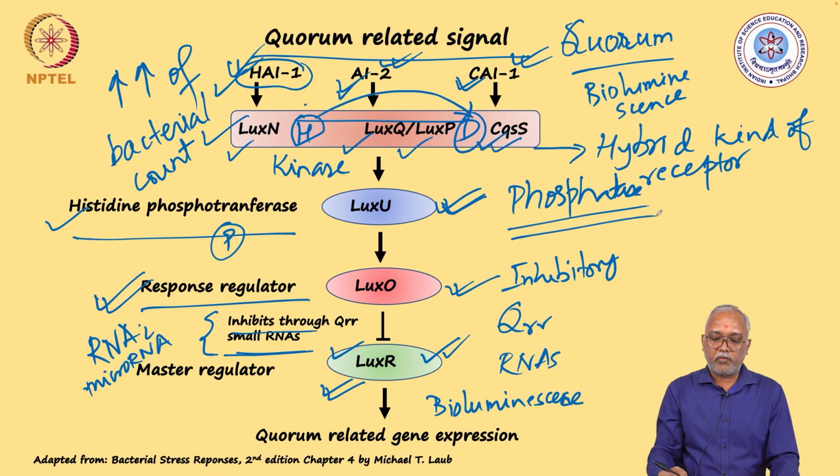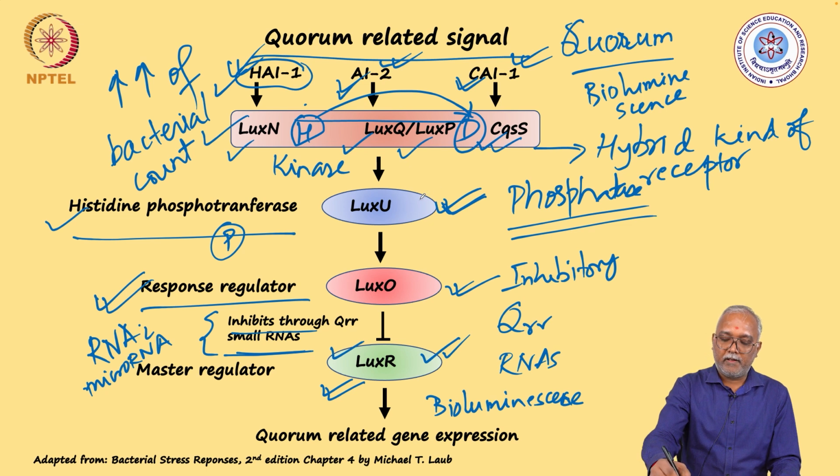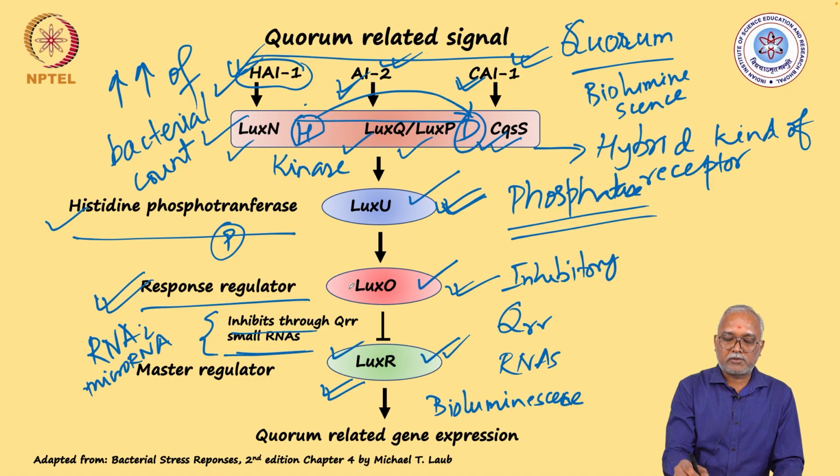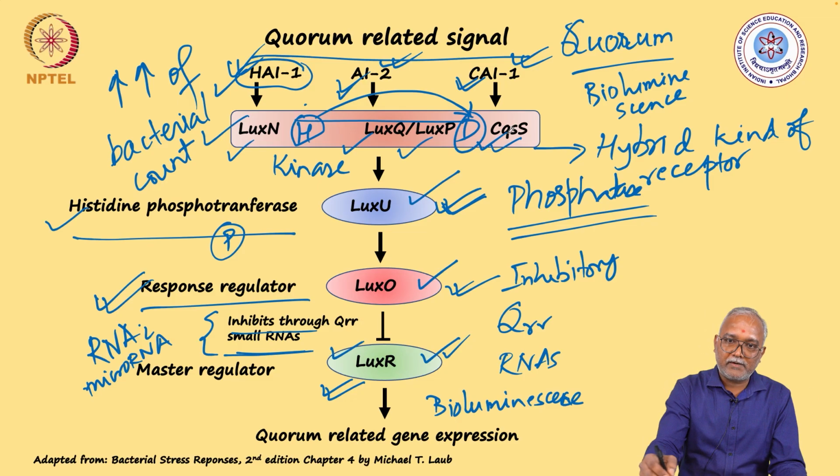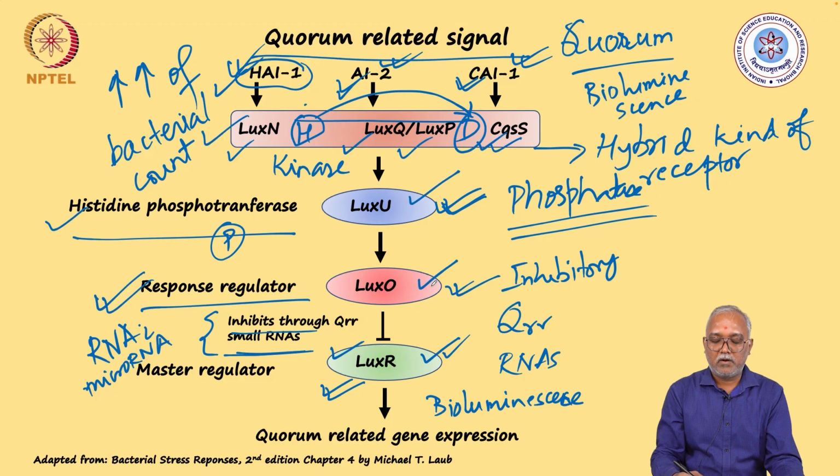What this phosphatase mode does is ensure that the subsequent Lux U and Lux O are not phosphorylated. And remember, the phosphorylated Lux O was ensuring that these inhibitory RNAs are made. So when high density of bacteria is present, you will have the phosphatase mode activated for the receptor, and that will ensure that phosphorylated Lux U and Lux O are not synthesized. What this translates into is that this inhibition is lost.